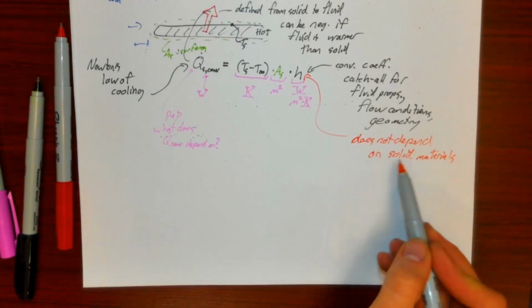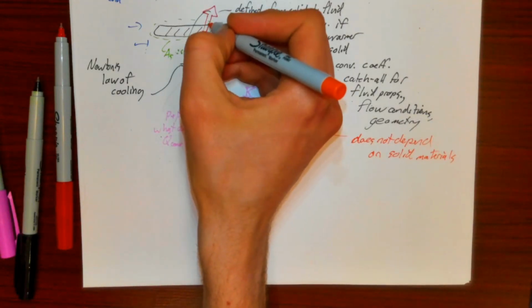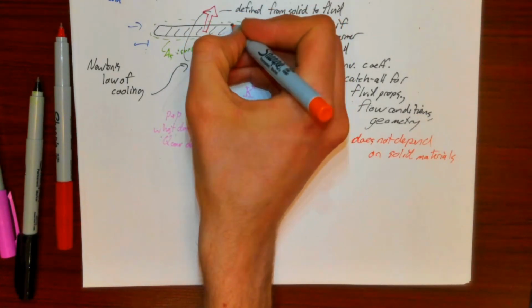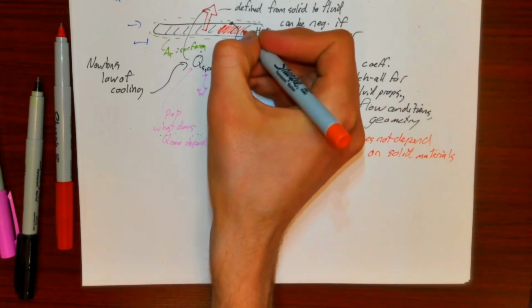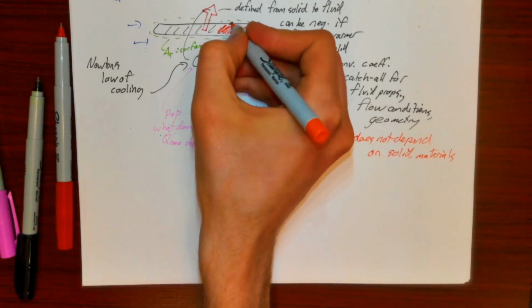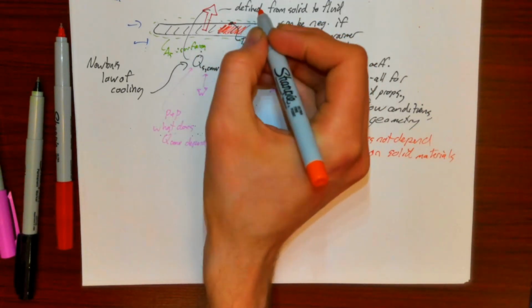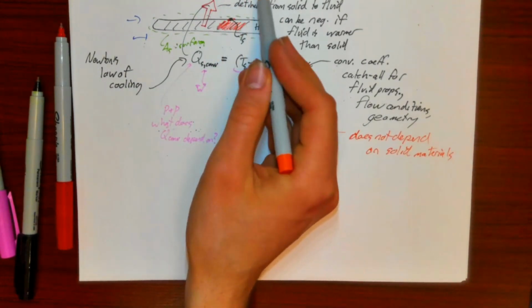One thing that H actually does not depend on is the solid materials at all. As long as the surface temperature is prescribed at Ts, it doesn't matter what's happening underneath. H is basically entirely governed by what's happening in the fluid.